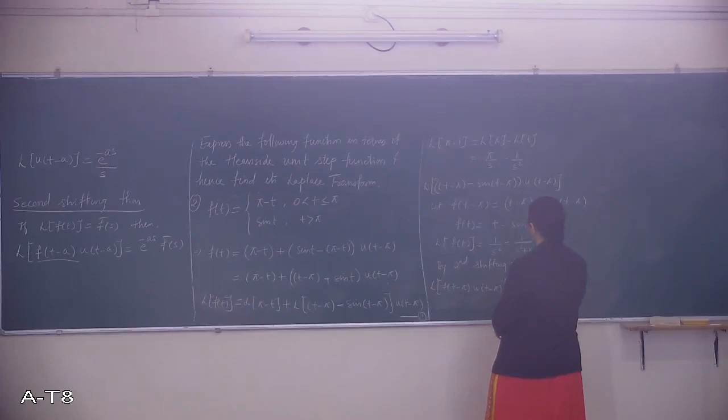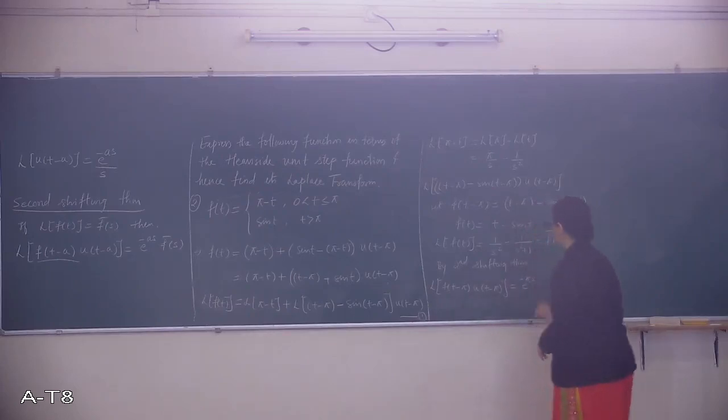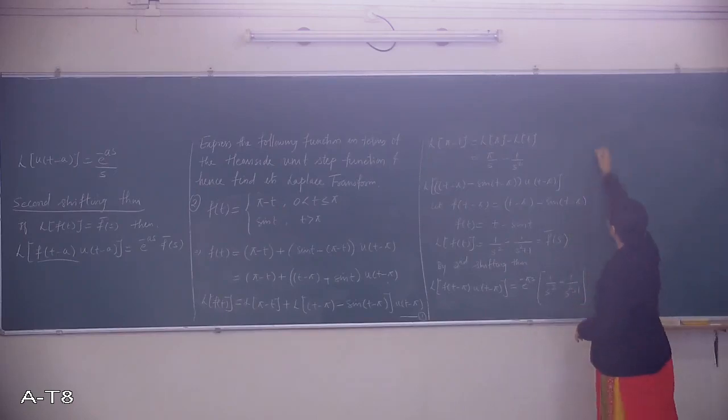So this function is f bar of s. So here it is 1 upon s square minus 1 upon s square plus 1, okay. So I call this 2.